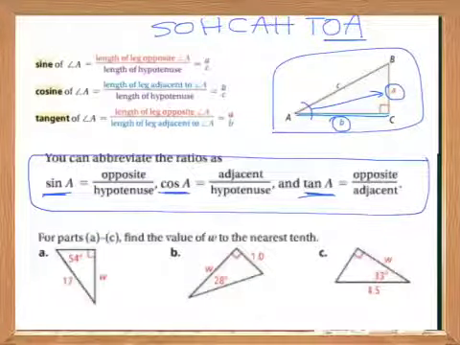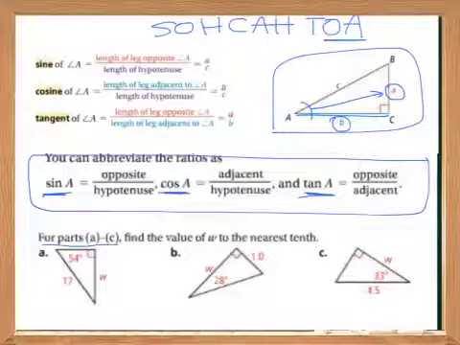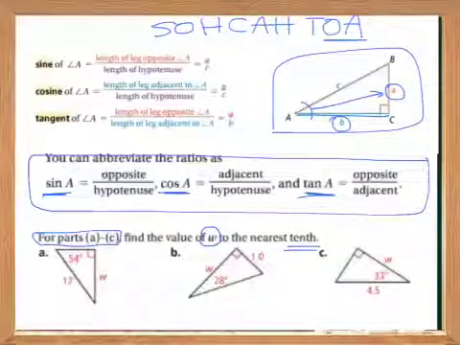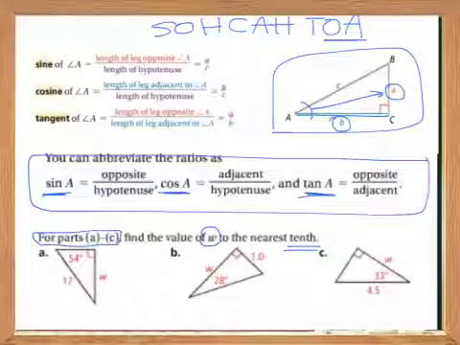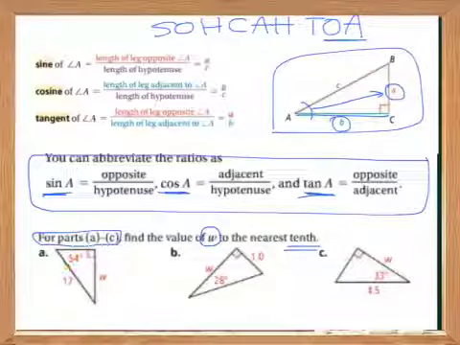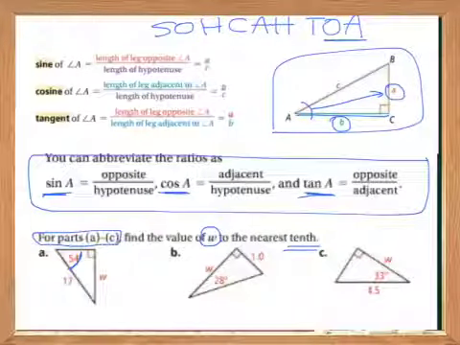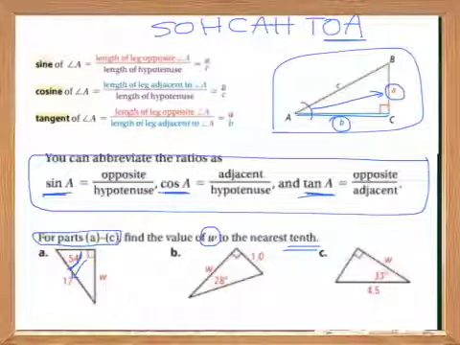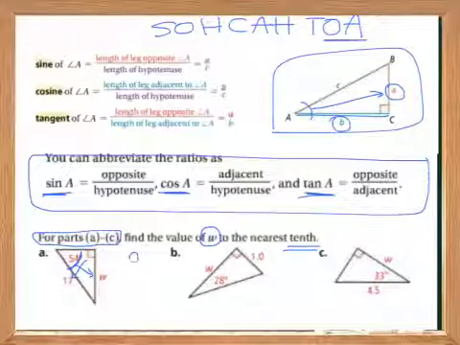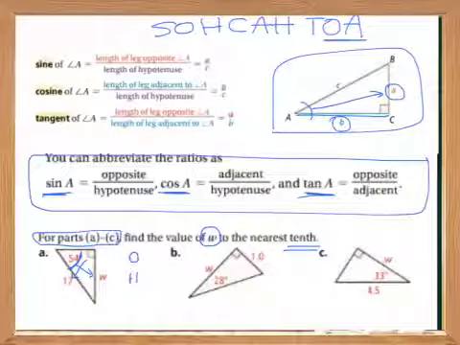Now let's try a few examples. So for parts A through C, you're finding the value of W to the nearest tenth. Well, we're finding the value of W, and it is a right triangle. If we're looking at this angle, which is 54 degrees, we have the hypotenuse and we have the opposite side. Well, which one contains the opposite side and the hypotenuse?